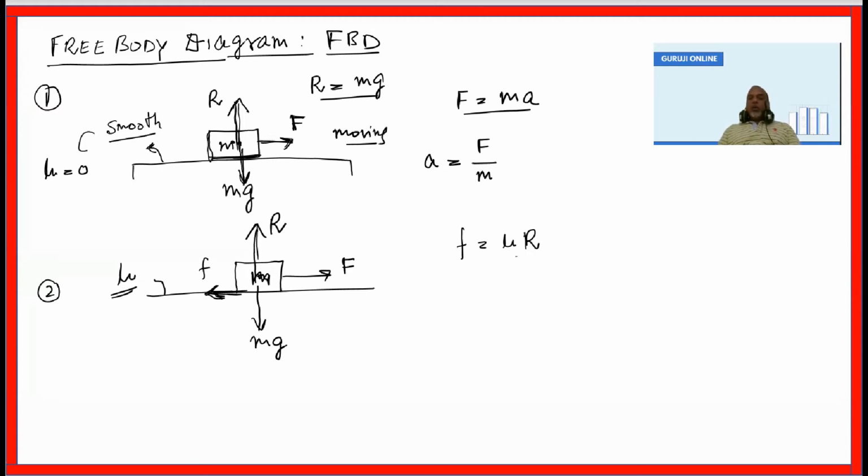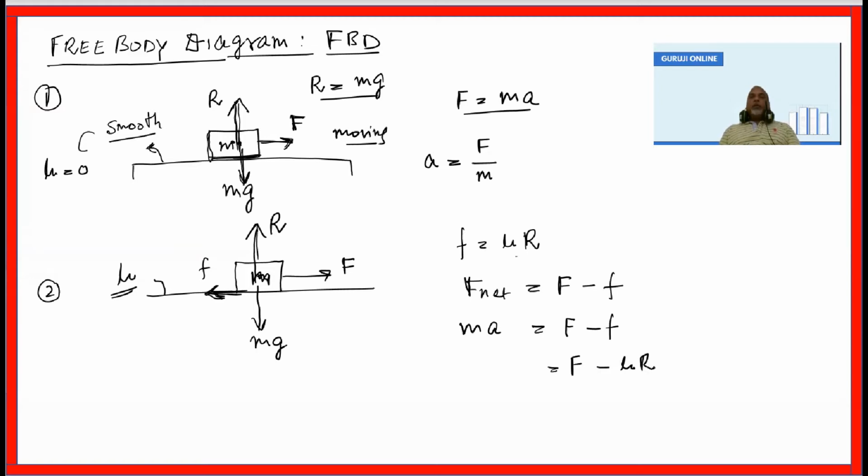So you can always write, in this case, the F net, means net force acting on the body, will be nothing but F minus f. And if a body is moving with acceleration A, then you can write it as F minus f.